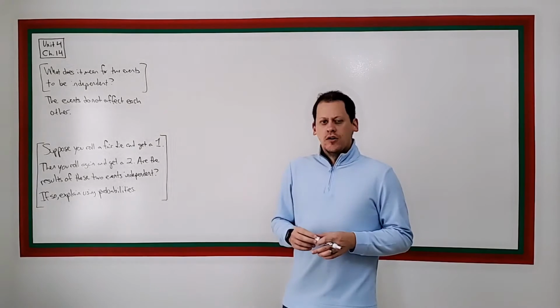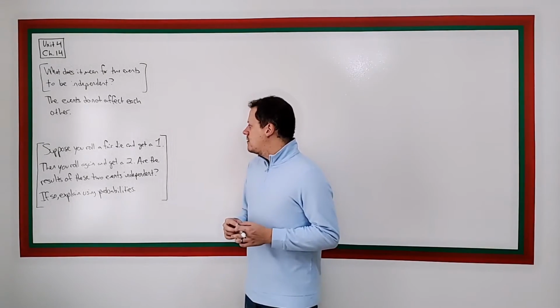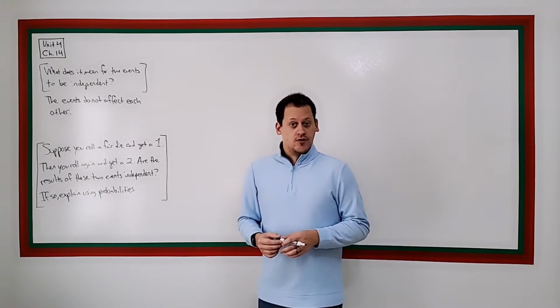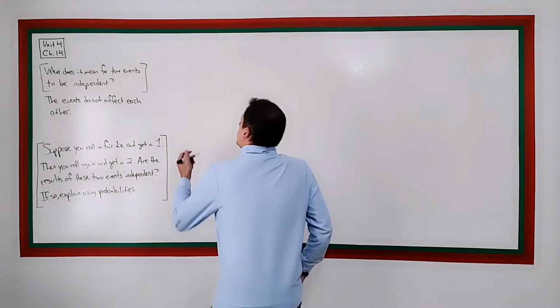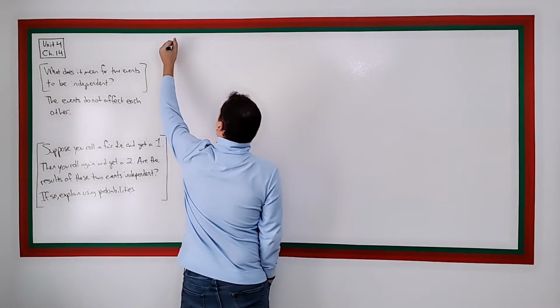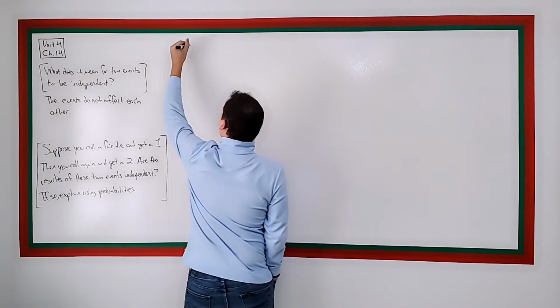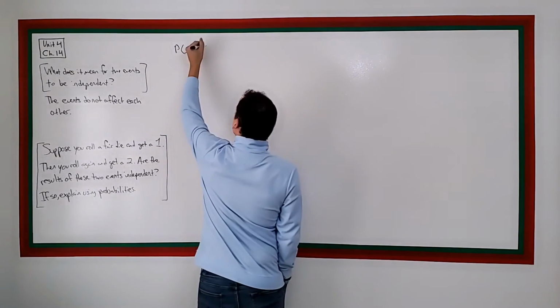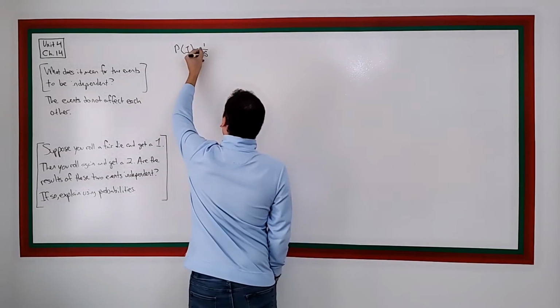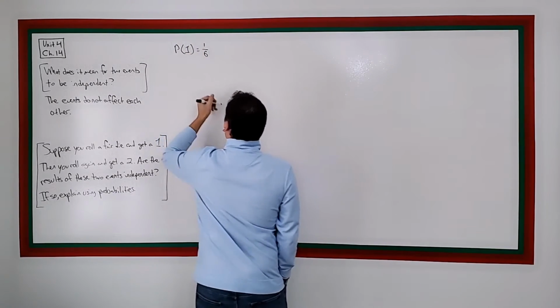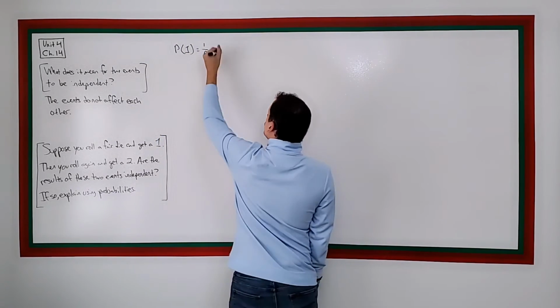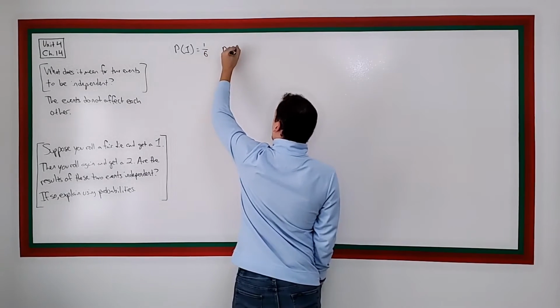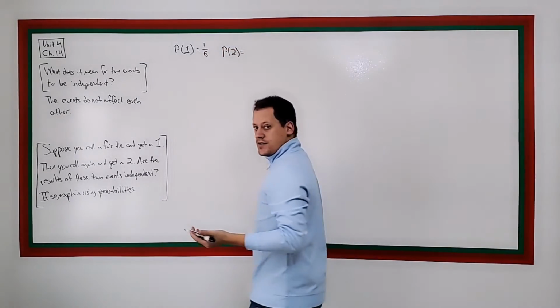And I think we could start showing that by just saying, hey, what are the probabilities of those events? So what is the probability of rolling a 1? 1 in 6. The probability that you roll a 2, also 1 in 6.